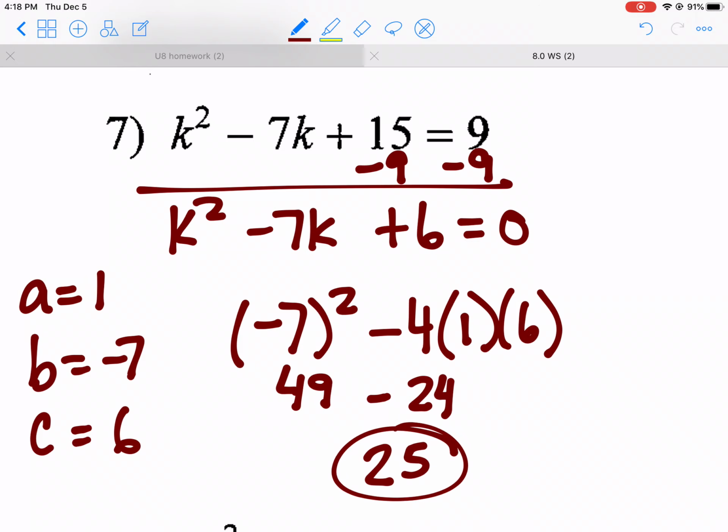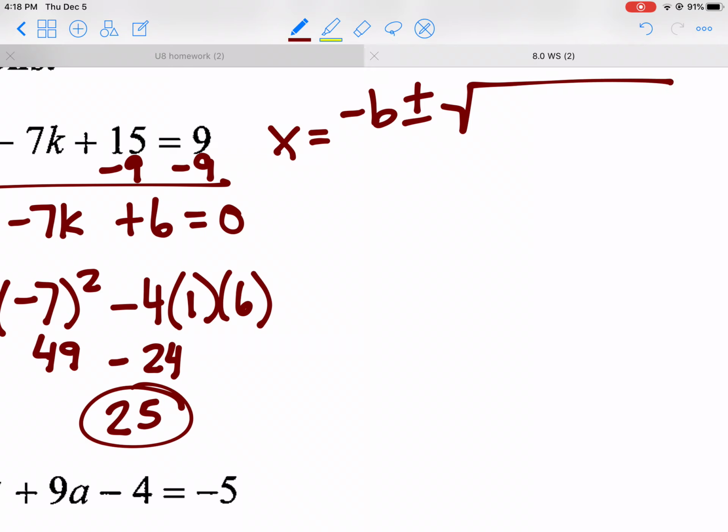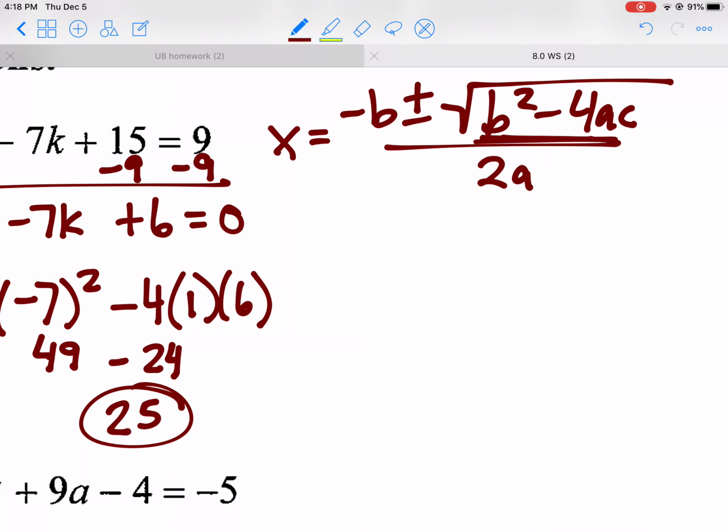If I were to take the square root of 25, maybe you can remember that the formula was x equals negative b plus or minus the square root of b squared minus 4ac all over 2a. If the discriminant was 25, and I take the square root of that, it's going to be 5, right? So no matter what b is, I'm going to have something plus or minus 5 over 2a.